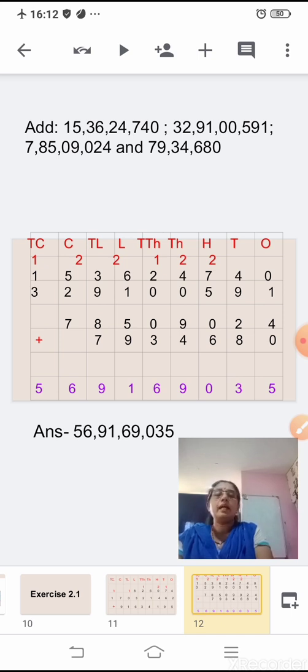I have made the table accordingly and placed all the numbers, and then I have added them. Again, while adding, start from the ones place. 4 plus 1, 5. These two sums are from the textbook exercise.